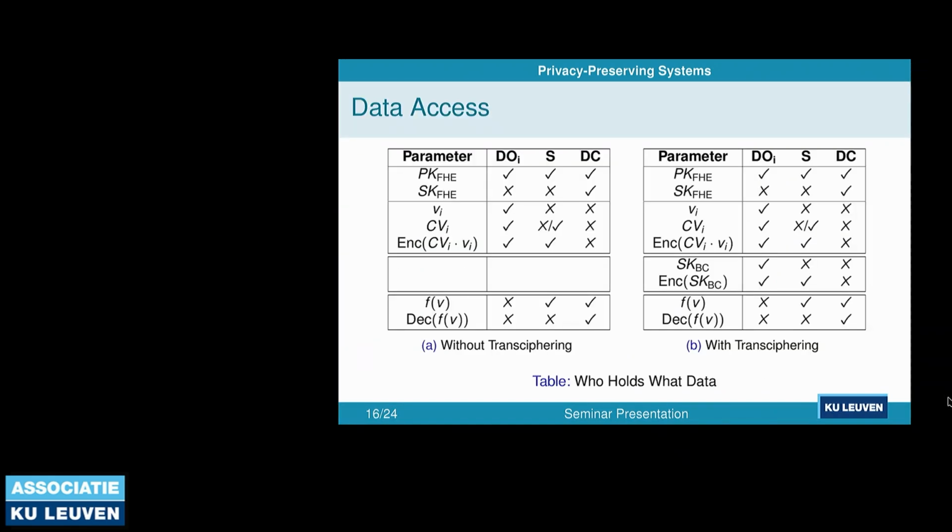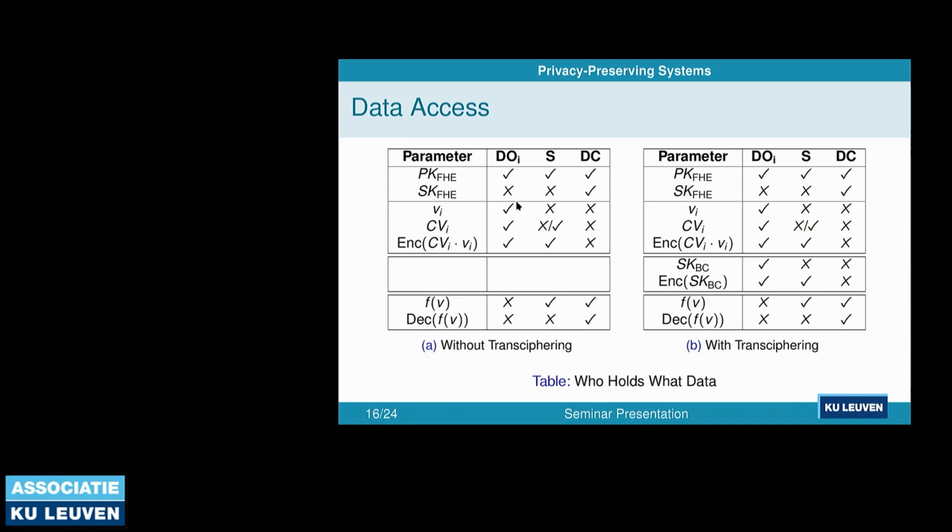So again, data access is a very important part of this. I want to take a moment to look at who owns what data. And the most important part of this is that, as you can see, the data itself is only known by the data owner themselves, in both cases, because we have the transciphering and no transciphering.